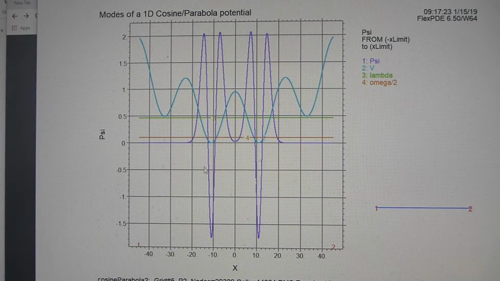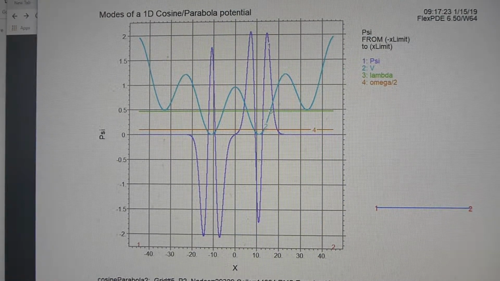Okay, the next one is H2, which is 3 minus x squared times the Gaussian, and here we have a pair, one centered on each of the two potential wells on the left and right side.